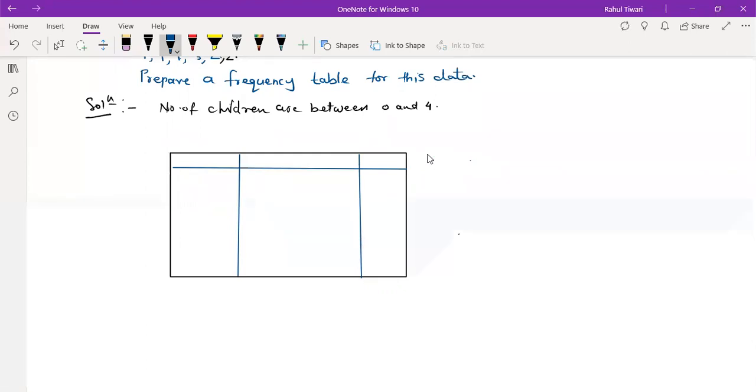This is known as a frequency distribution table.